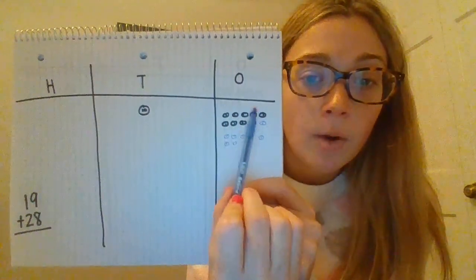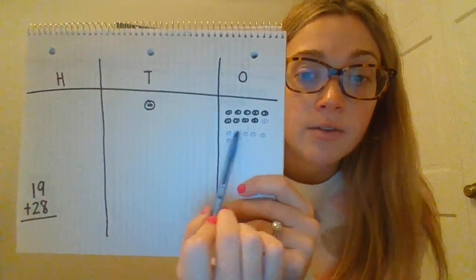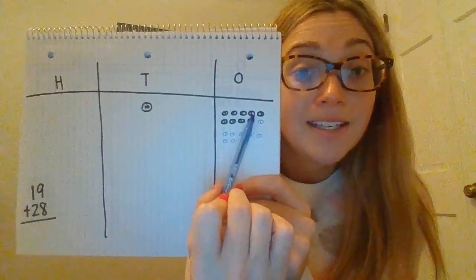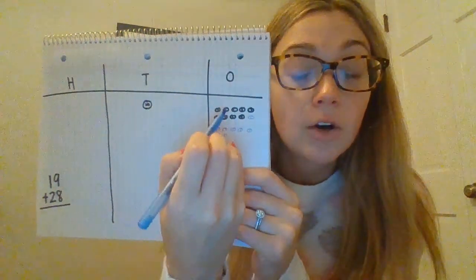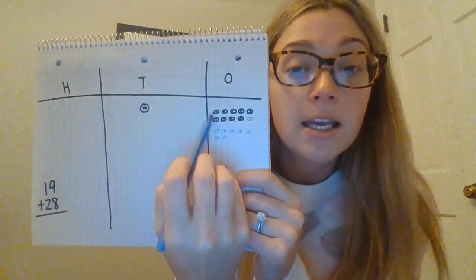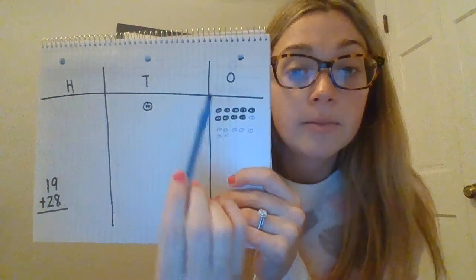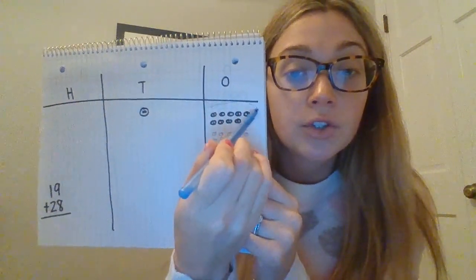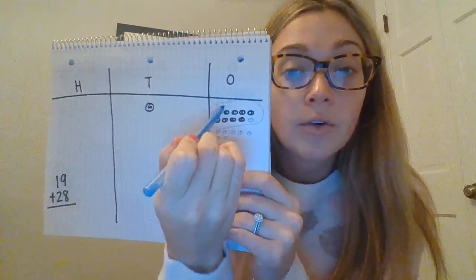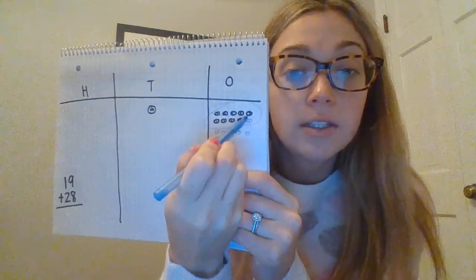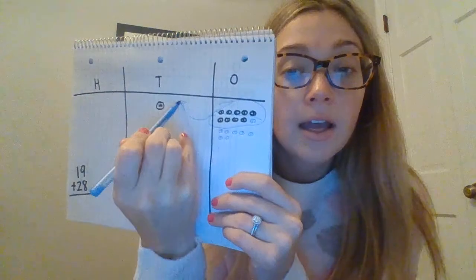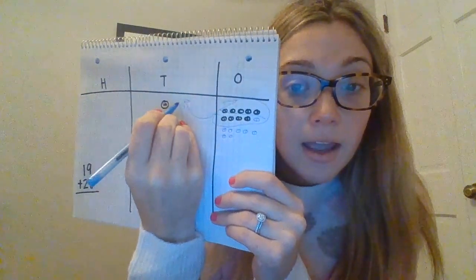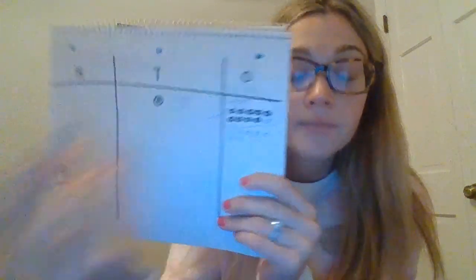What do you notice about what I made? Tell the people around you what you noticed about what I made. I made a 10. That lets me know I have too many 1s in my ones column. So I'm going to circle this group of 10, cross it out, and move it over here and turn it into a 10.